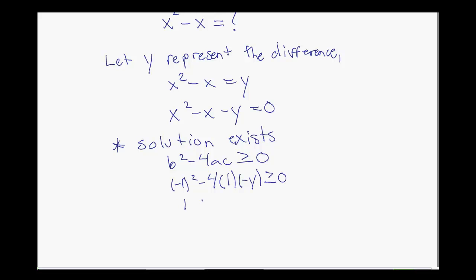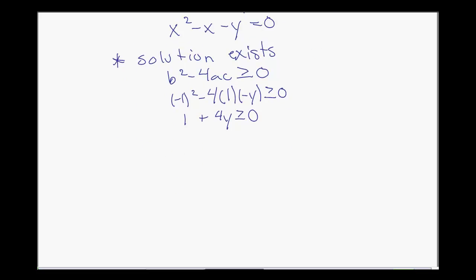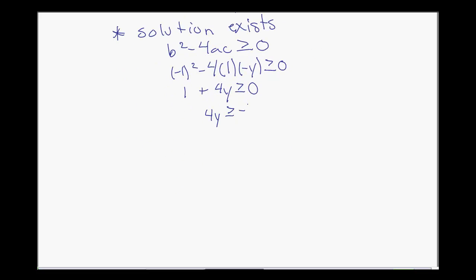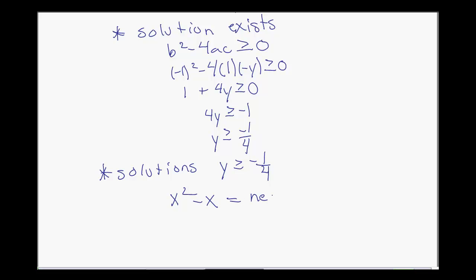We get 1 plus 4y is greater than or equal to 0. So 4y is greater than or equal to negative 1, and y is greater than or equal to negative 1/4. So this shows that there are solutions for when y is greater than or equal to negative 1/4. So our difference of x squared minus x can equal a negative for values of y between negative 1/4 and 0.